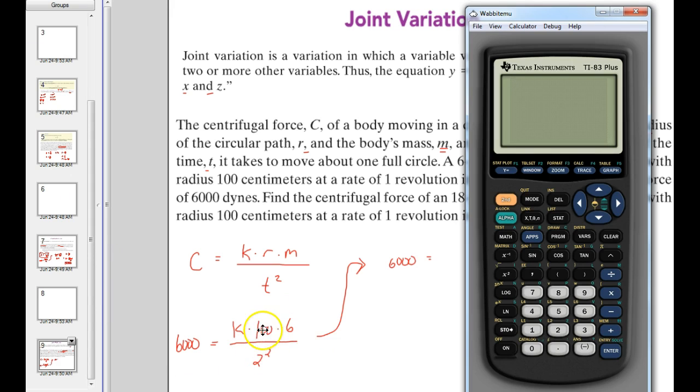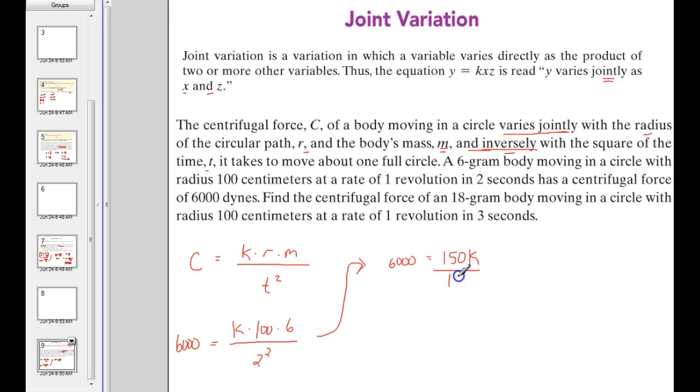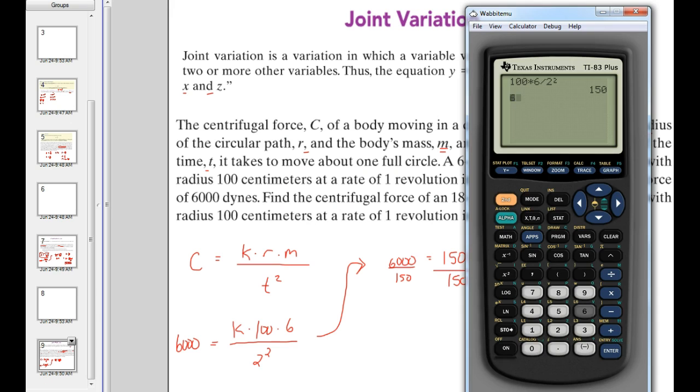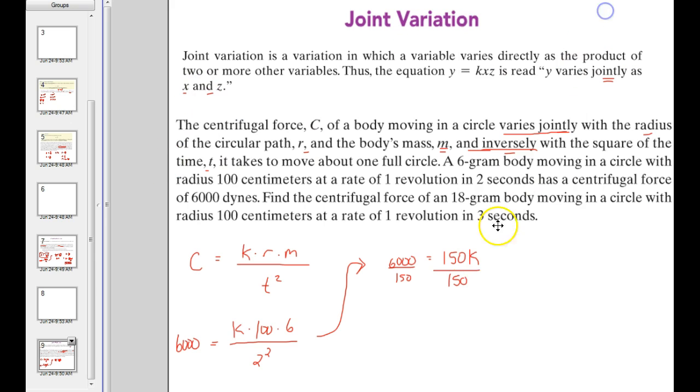Alright, all this that's being done to k over here, I can do it all at once on the calculator, just 100 times 6 and then divided by 2 squared. So 150 is what's being multiplied by k. Alright, and then I divide both sides by 150. 6,000 divided by 150 is 40. So now I know k is equal to 40.